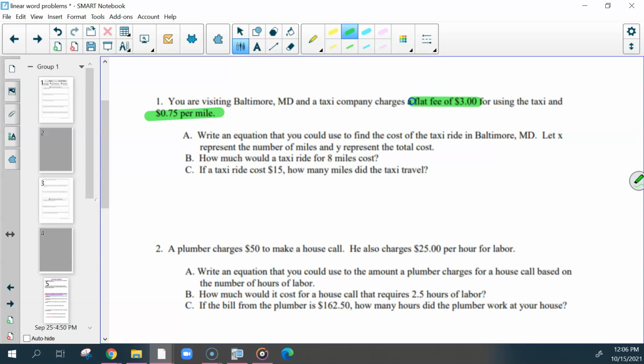Everything else there is really fluff. You don't need that. Flat fee, just in case you weren't aware, you're going to get charged that no matter what. So even if you don't go a mile, they're still going to charge you that $3. Anytime you see the words per or for each, you're going to multiply.